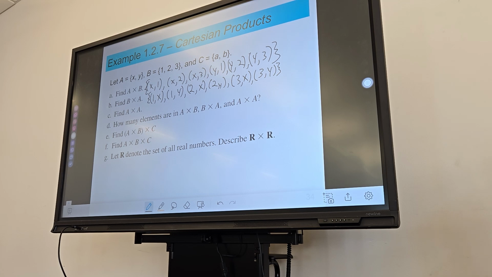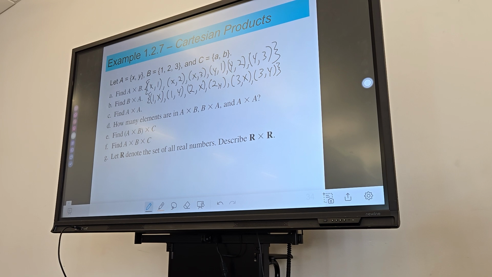See, the explanation in the formal definition made it sound a little bit confusing, but once you get the concept, it's like, oh okay, it's just all combinations. It's all combinations. And we covered how many elements are in the Cartesian products. I'm going to leave E for a couple of slides from now.